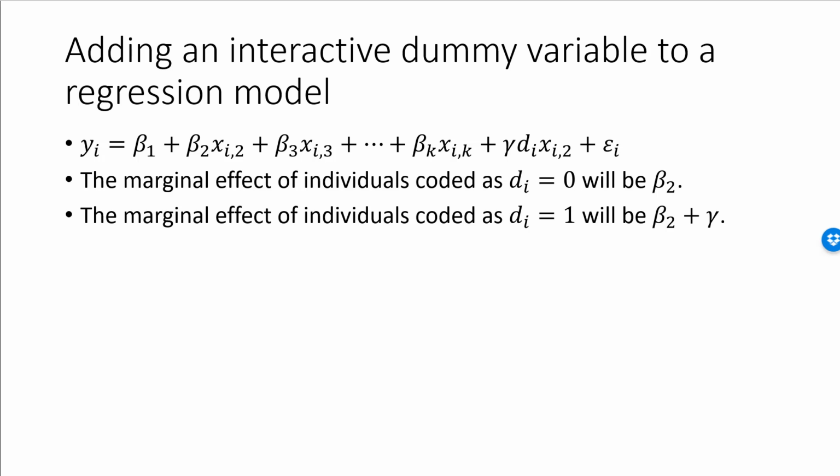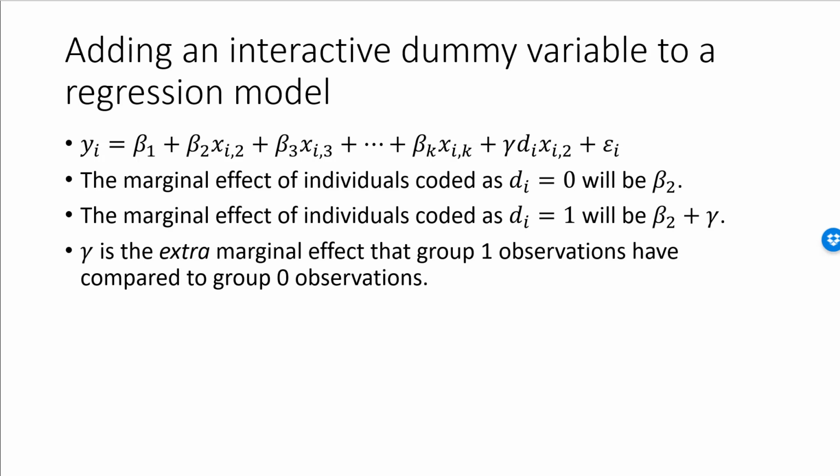The marginal effect of x2 on y among individuals coded as di equal to 1 will be beta 2 plus this additional parameter gamma, leaving us with the interpretation of this gamma, the parameter in front of the dummy interactive variable, as the extra marginal effect that group 1 individuals enjoy above the marginal effect for group 0.